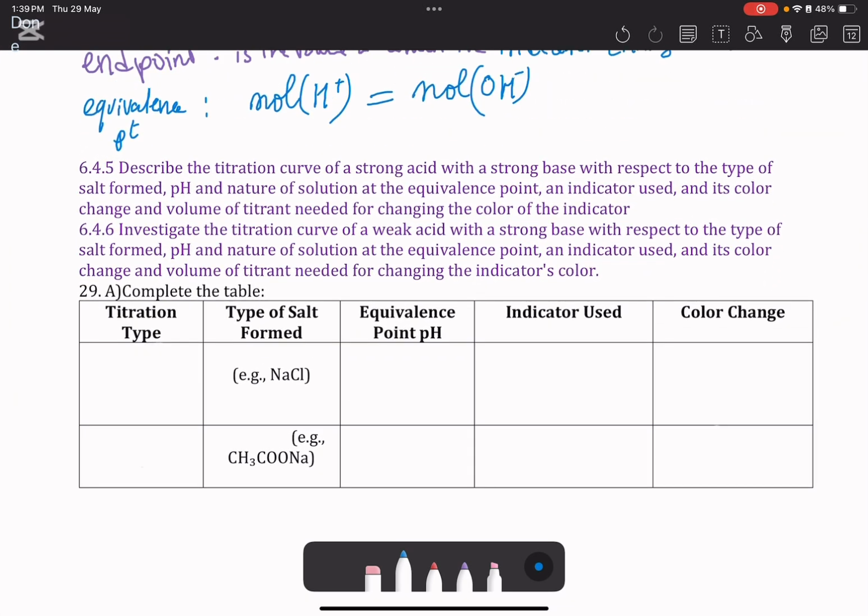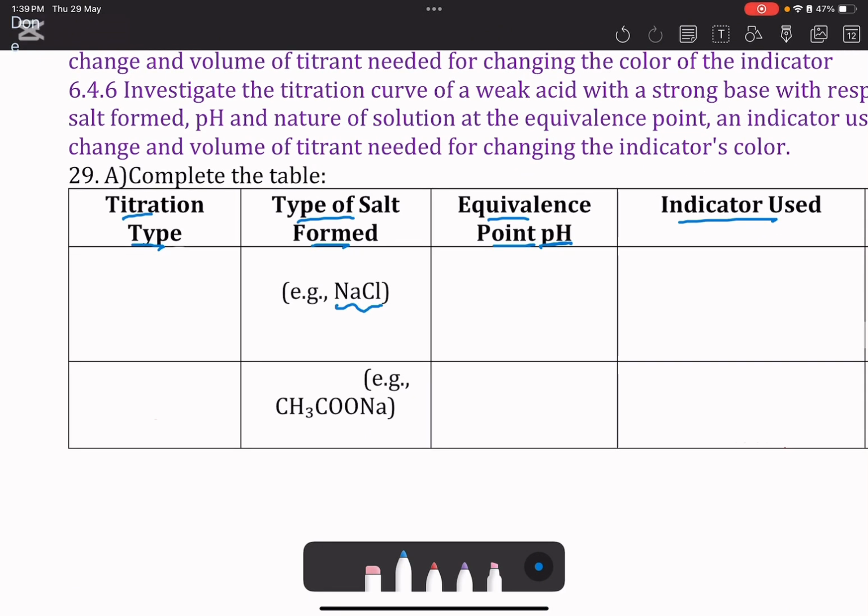Now, complete the table: titration, type of salt, equivalence point, the pH at equivalence point, the indicator, and the color change. If I have a salt formed, looking at this salt, this is a neutral salt because it's coming from a base, since it's an AOH, and from an acid, where you add the H at the beginning, HCl.